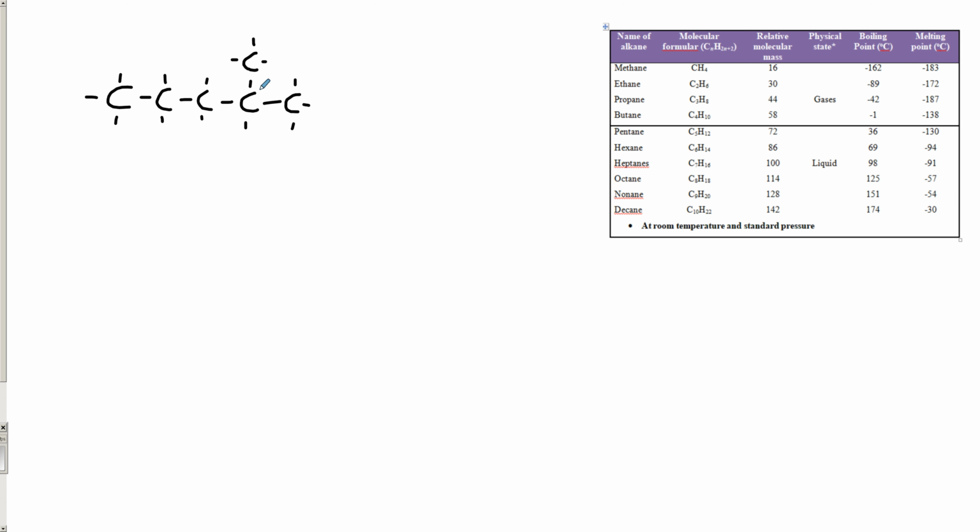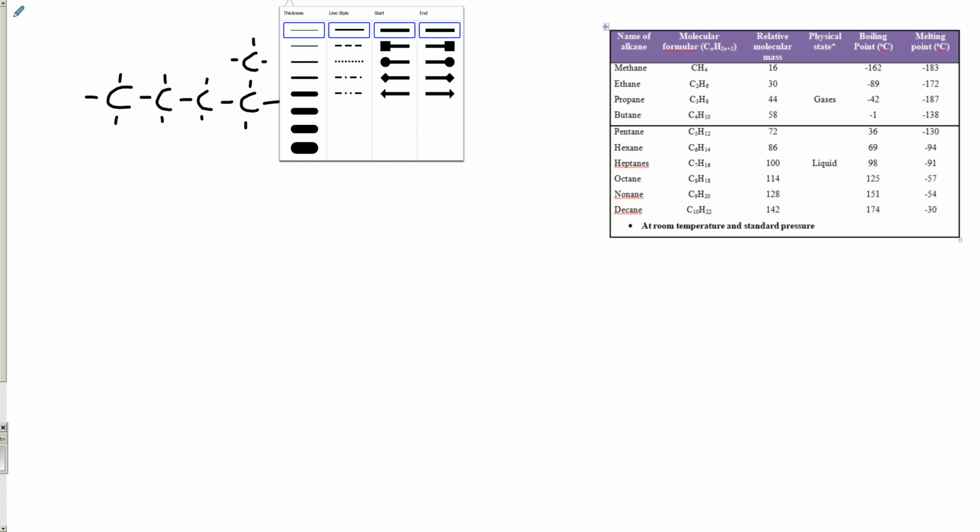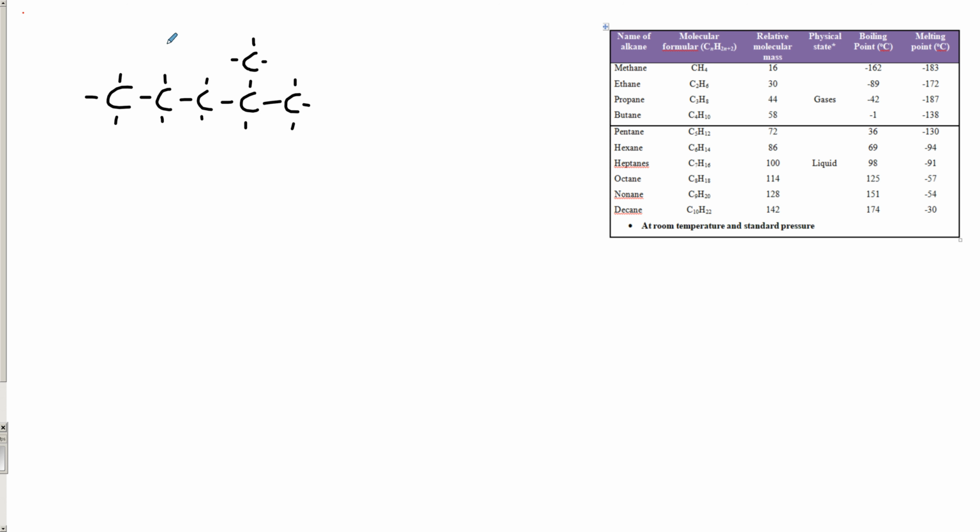Now we need to be able in Science 30 to name a molecule like this. And again, if you took Science 20, you're familiar with how to do this, and this is a review, but if you haven't taken Science 20, you're going to be kind of thrown in. I'm not going to throw you into the deep end. We're going to wade in. So the requirements, the things that you need to be able to do, is name the longest chain.